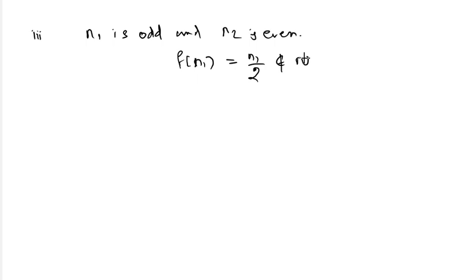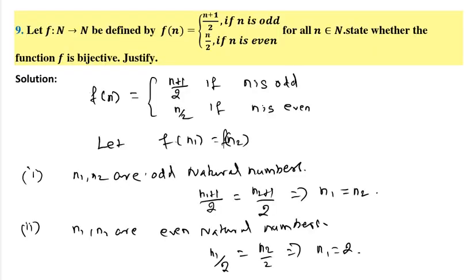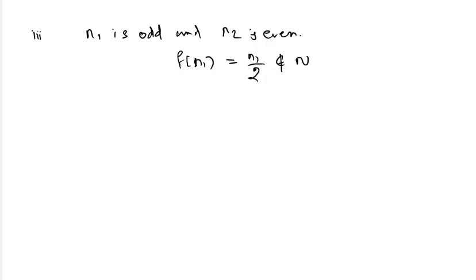n1 odd number, what is the condition? We check the condition. n1 odd number means (n plus 1) by 2, no? So here, instead of n1 by 2, we have to take (n1 plus 1) by 2.